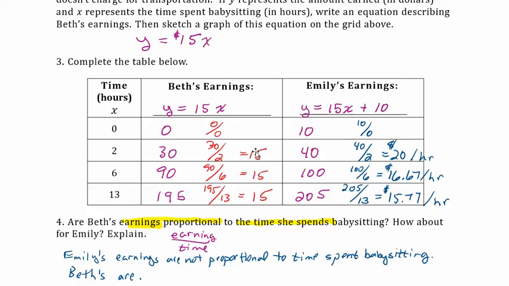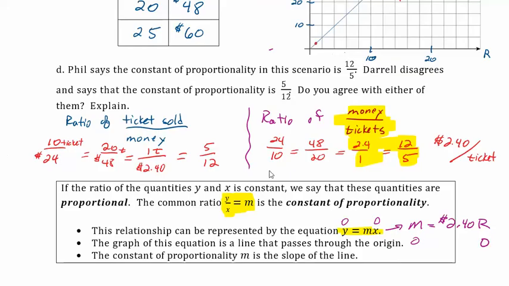Beth, on the other hand, because she had no initial cost or no upfront cost, her money divided by her time is always going to be $15 per hour. So we see this relationship when we have an equation. Let's go back over here to the previous page.